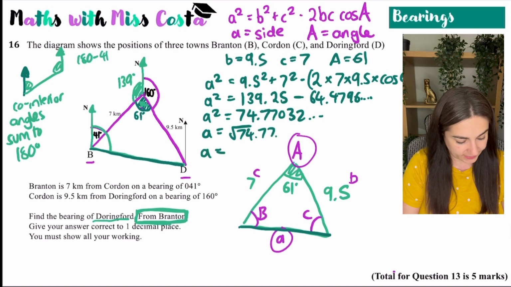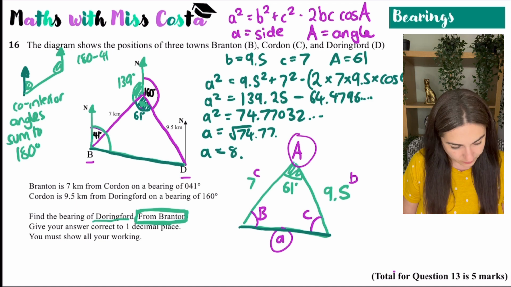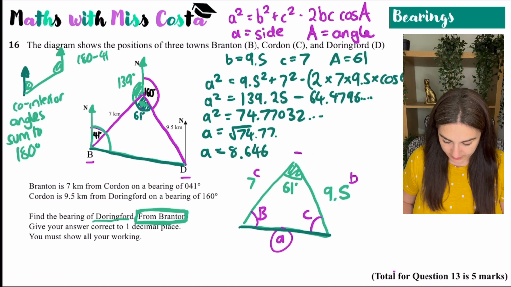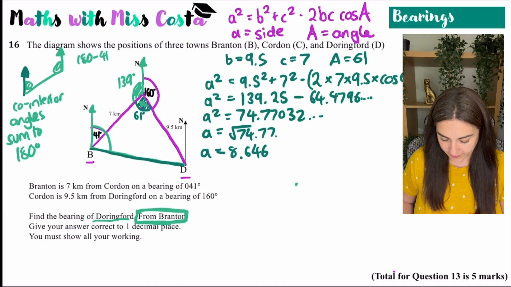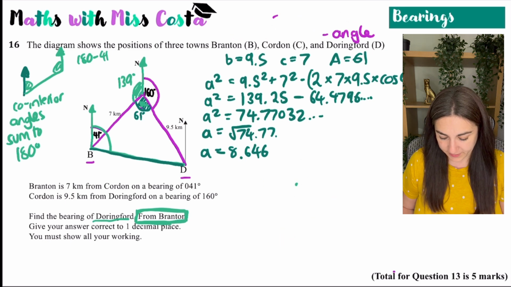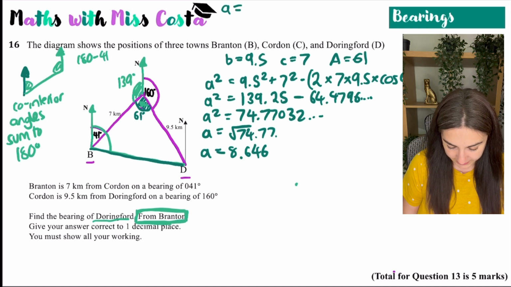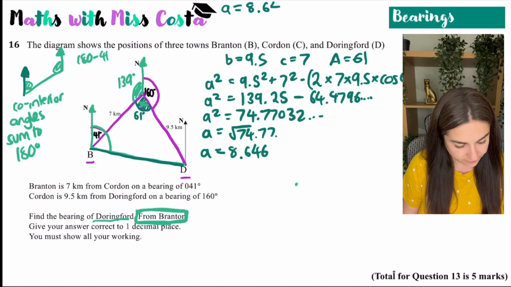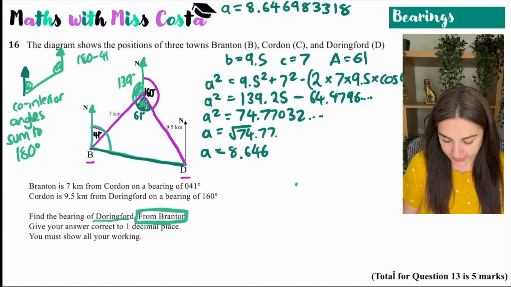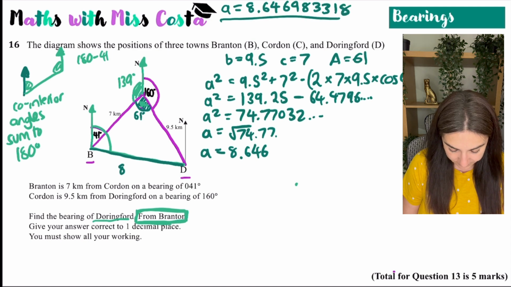So a is square root of answer, which is 8.646. Actually, I'm going to write it out here just in case I need the full value for later: 8.646983318. Okay, so this is the length of this side here.